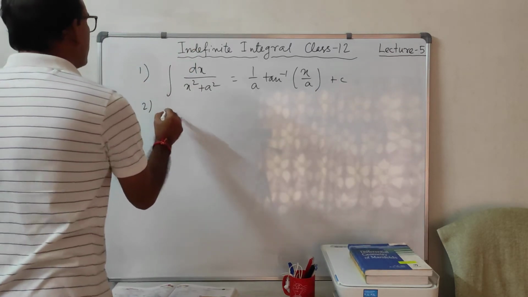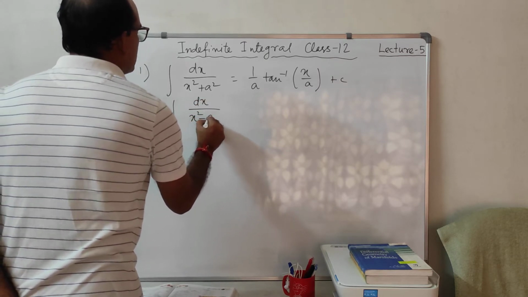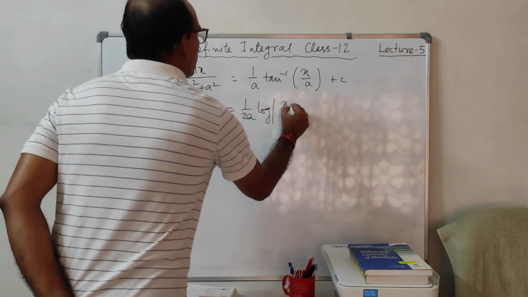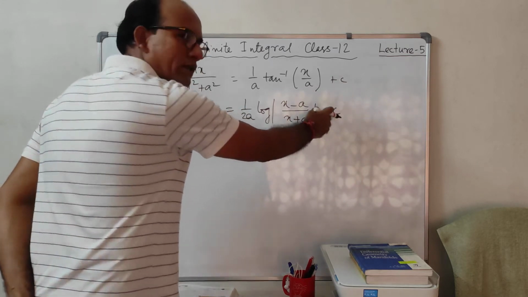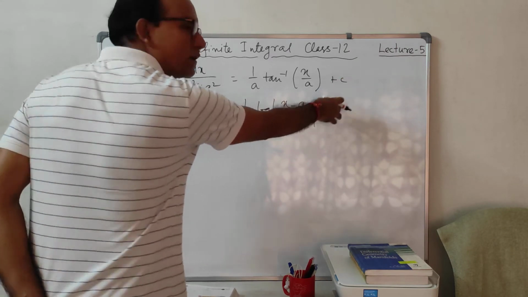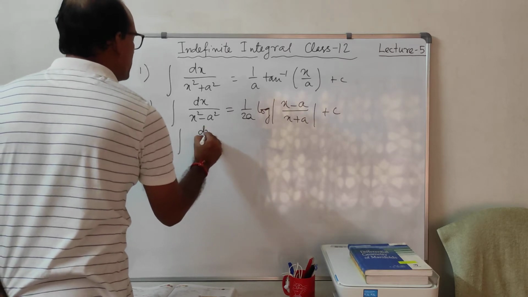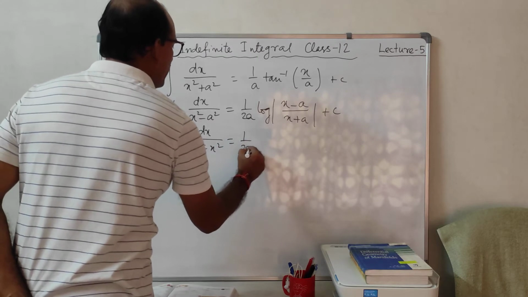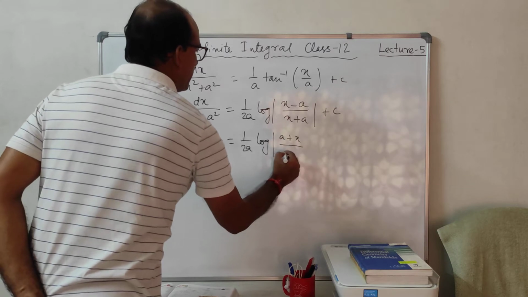Number 2, integration dx by x square minus a square equals 1 by 2a log mod x minus a by x plus a. Every time c is an indefinite constant, actually the constant of integration. Number 3, integration dx by a square minus x square equals 1 by 2a log mod a plus x by a minus x.